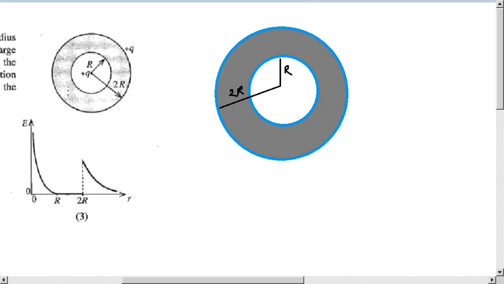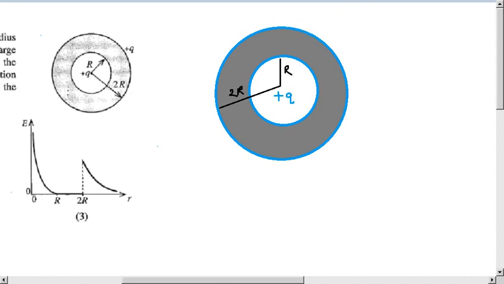So they say there is a charge inside, positive q. Let us for a moment forget the positive q charge that is on the outside surface. Let us take only this one first, because otherwise it is difficult to understand.